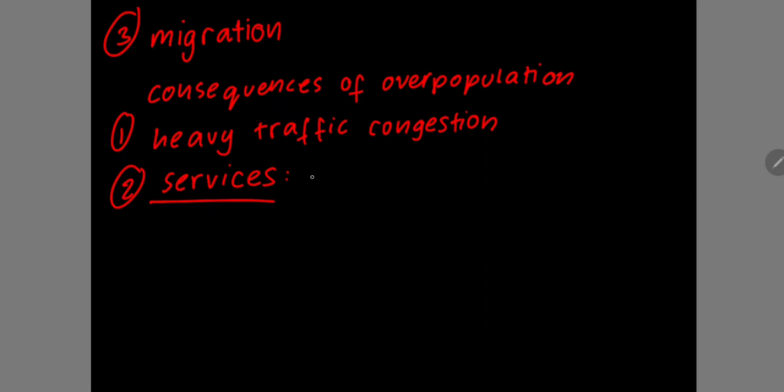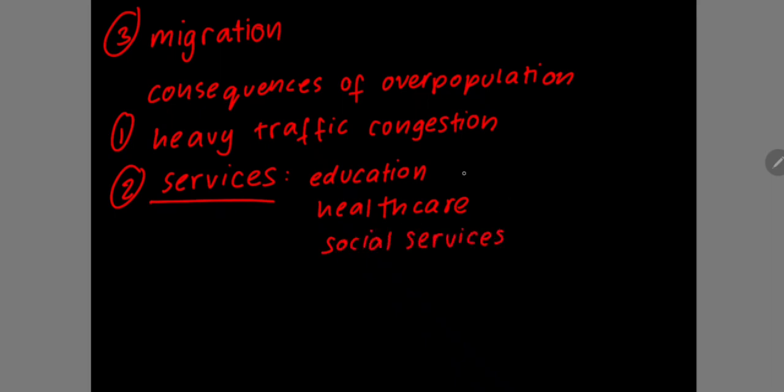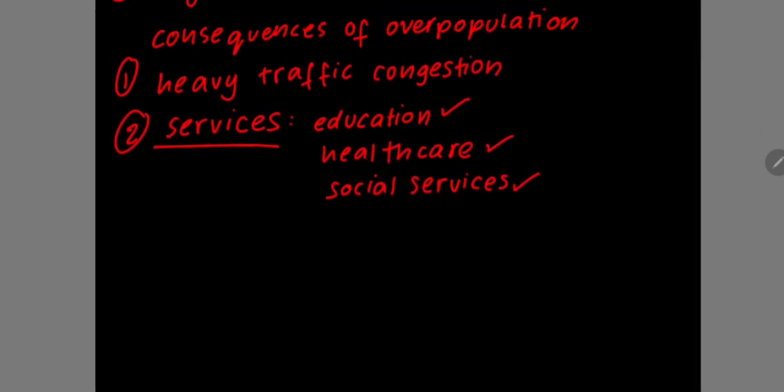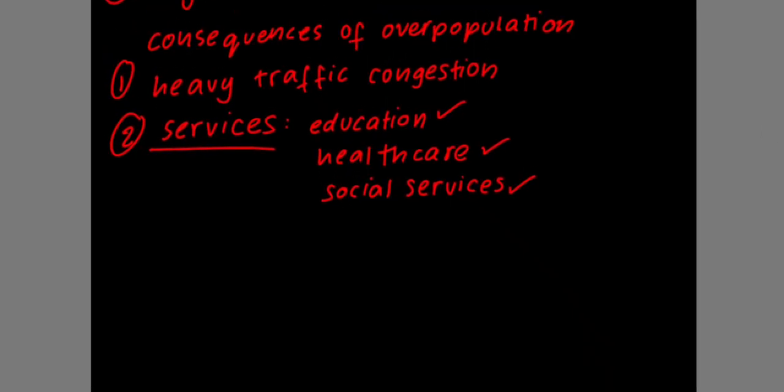You can say that there's pressure on education, healthcare, social services. Obviously, you can just say schools for this, you can say hospitals, and anything that fits these categories, and if it's a 5-mark question, you will be able to get 3 or 4 marks.